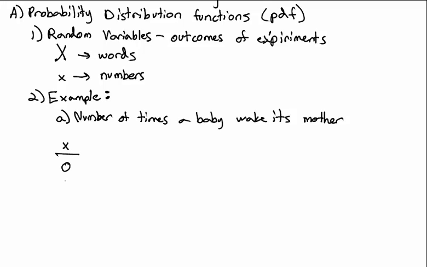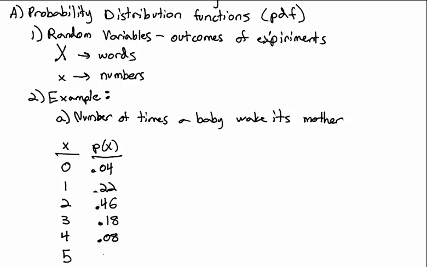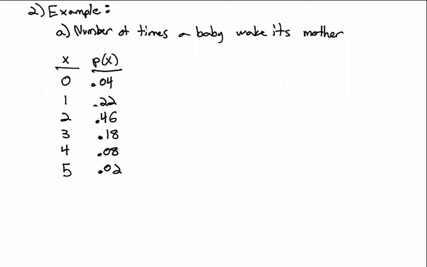So the baby could wake the mom up 0 times, 1 time, 2 times, 3, 4, or 5 times. We're going to stop at 5, no more than 5 times. And then what the PDF will do is assign a probability to each of these values. Maybe the probability of 0 times is 0.04. The probability of 1 time is 0.22. Twice is 0.46. 3 times is 0.18, 4 times is 0.08, 5 times is 0.02, and maybe some of you with young kids are saying it's much more than that. But we're going to go with that for now.